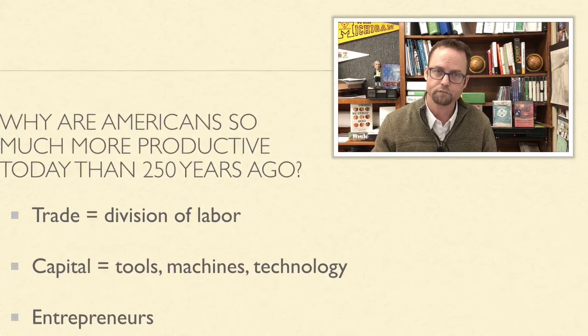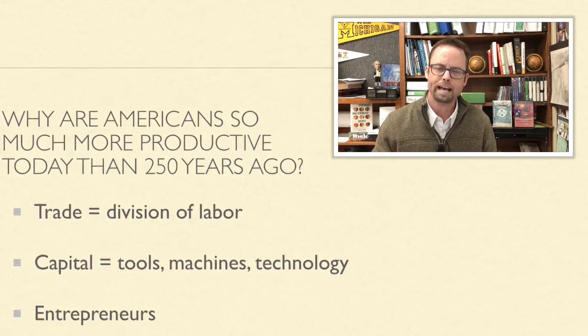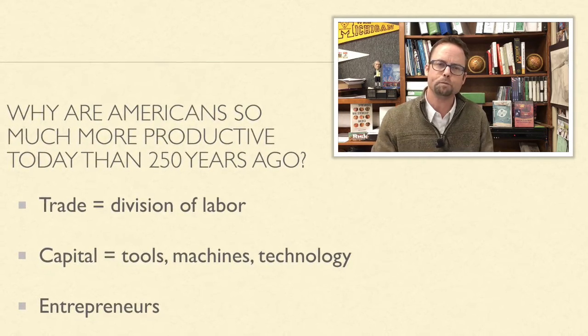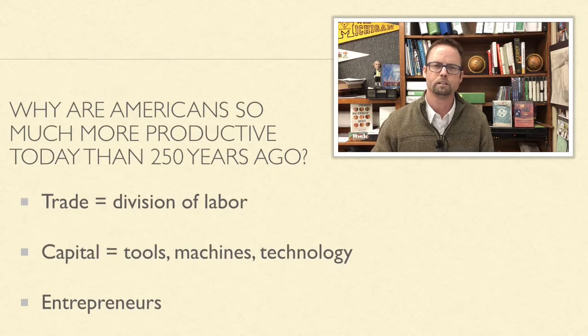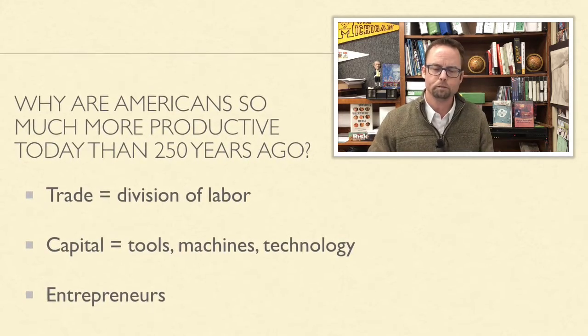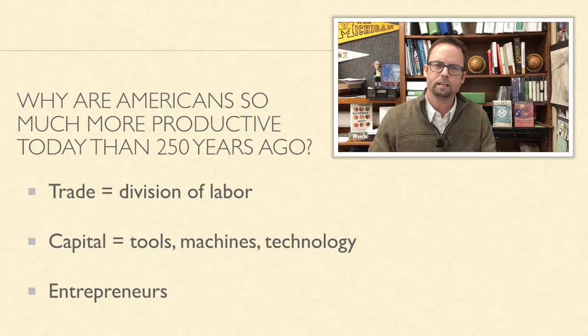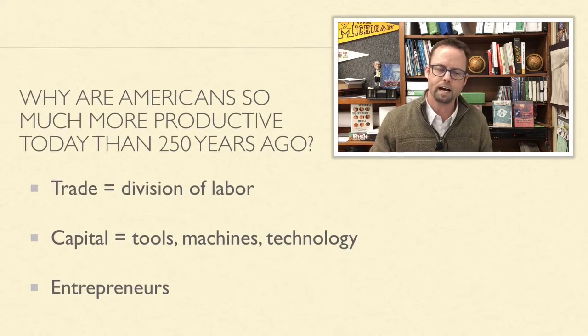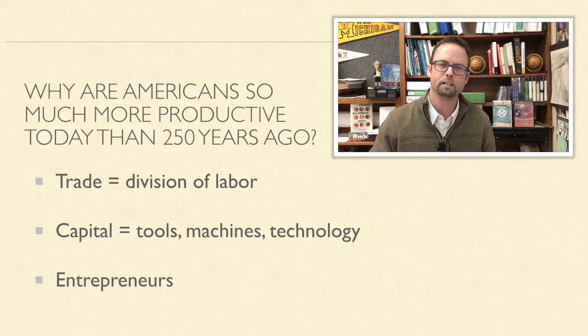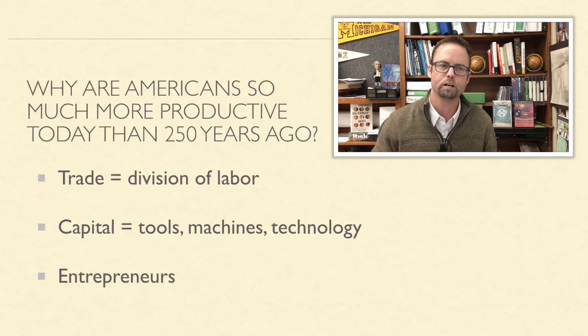Another engine of economic growth is capital: tools, machines, equipment, those things that make human labor much more productive. And to get that, we need investment. We need people to be able to save and invest in the time and energy and resources it takes to create tools and machines that make mankind more productive.